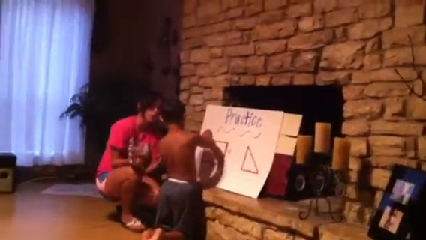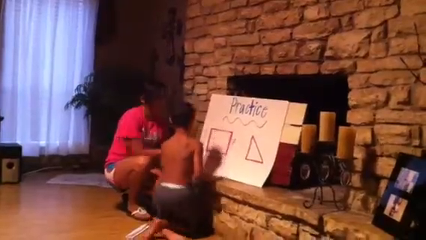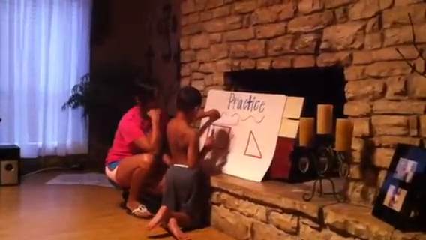Yeah, it is, because it's a square and all sides are the same. 7. Good job. Okay, so what's the measurement of the top? It's 10? Okay, write 10 inches up there.